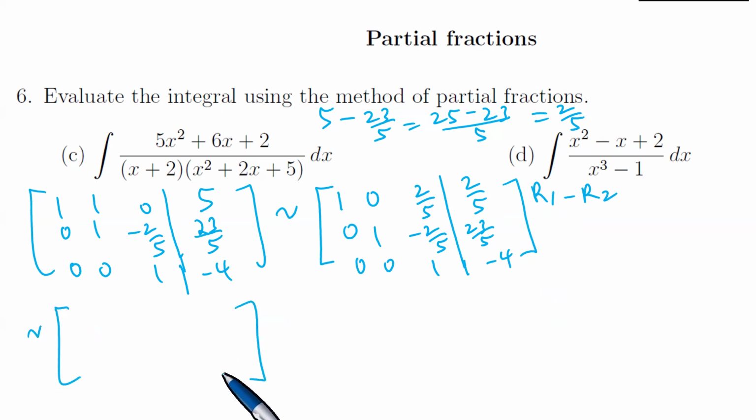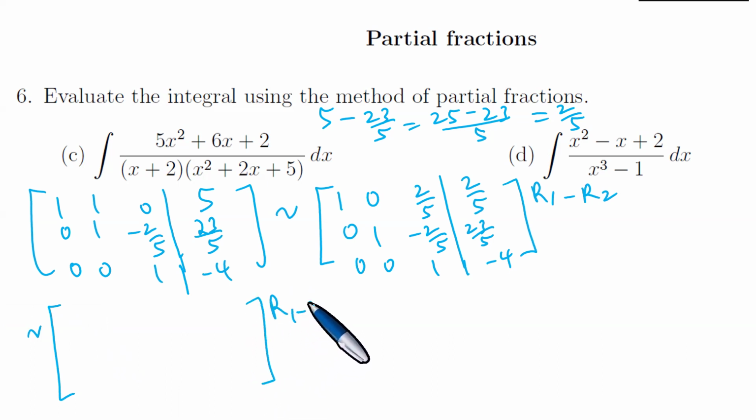We have the following as we continue with the reduction process. You have here row 1, row 1 minus 2 out of 5 row 3.